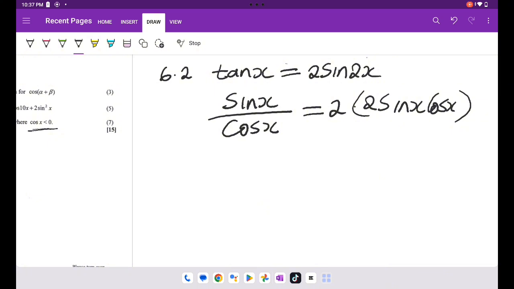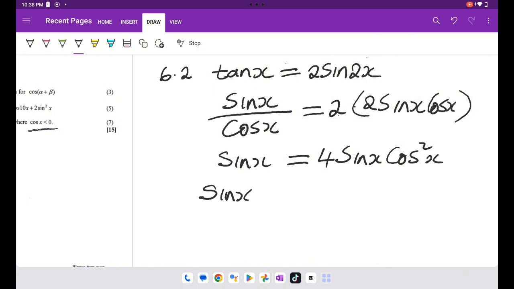Alright, so we can multiply both sides by cos x. So the left hand side will be left with sine x, and the right hand side, 2 times 2 is 4 sine x, and the cos times the cos is cos squared x. Alright, so we can take this to the other side. So we have sine x minus 4 sine x cos squared x equals 0.